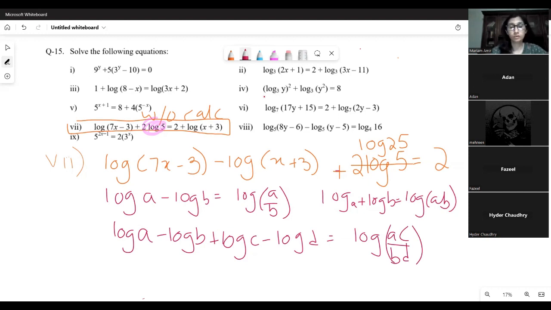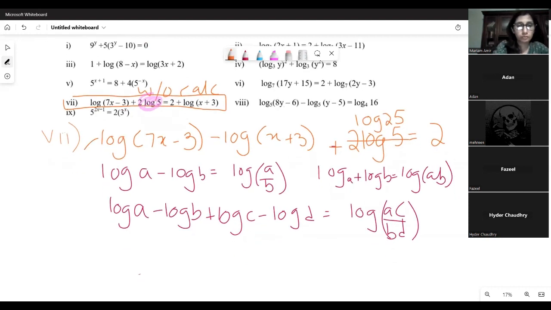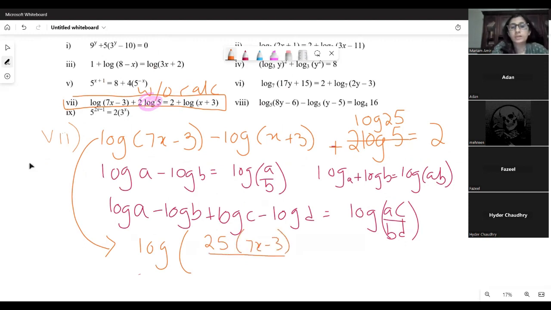Okay, so this would be simplified to log, with the positive terms in the numerator. So we have 25 times 7x minus 3, divided by x plus 3, equals 2.